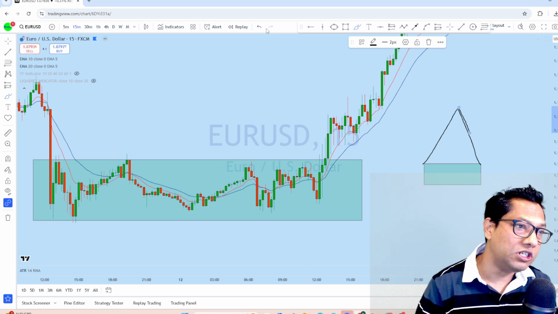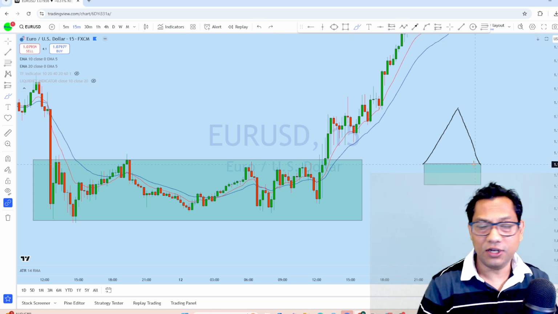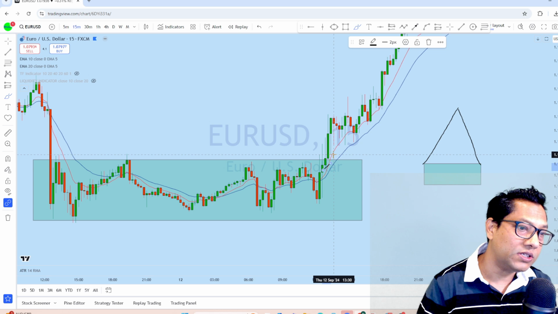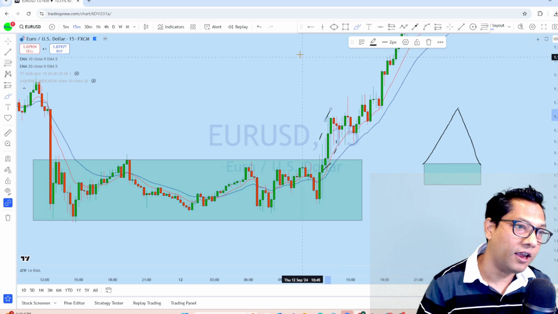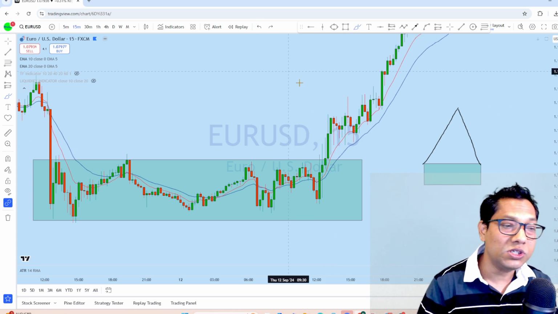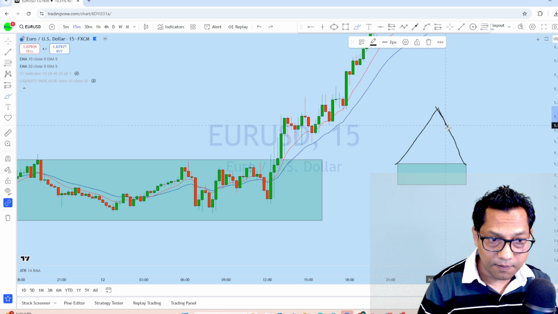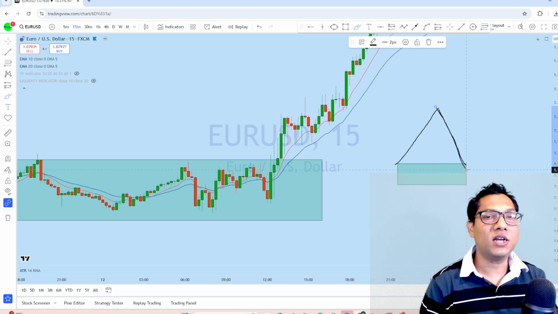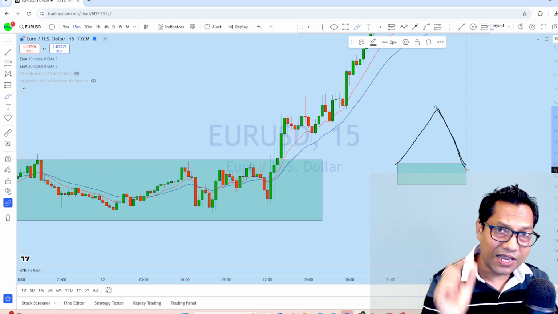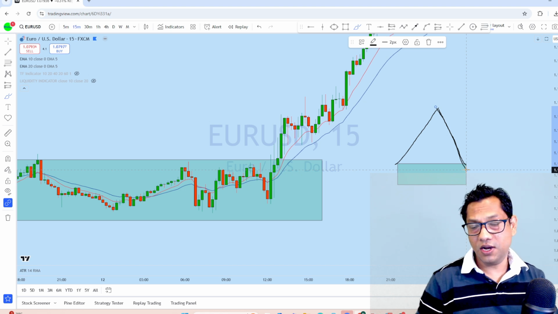But we will consider a break of structure. That means that when it was creating a series of higher highs and higher lows, we want to see that the market has broken from that structure to complete the second side of the trimit.